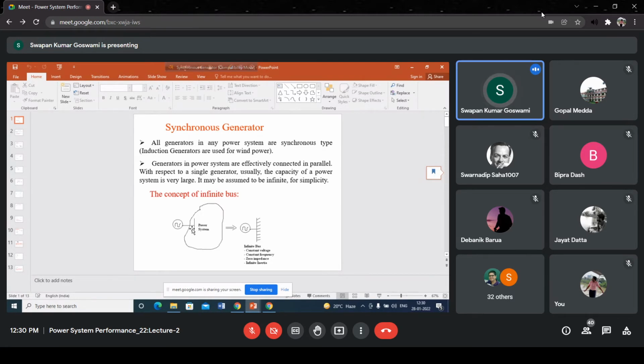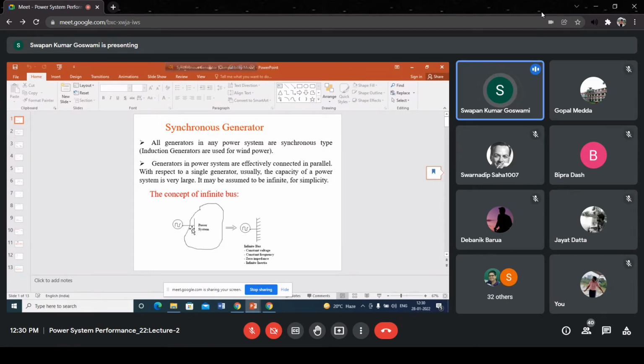They are distributed in the whole power system, not connected at a single point. In the Indian power system there are hundreds of power stations, tens to hundreds of kilometers apart from each other, and effectively all these generators are connected in parallel.